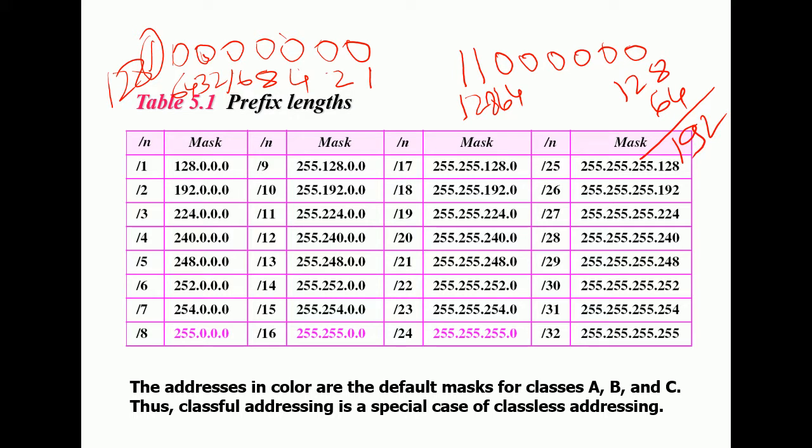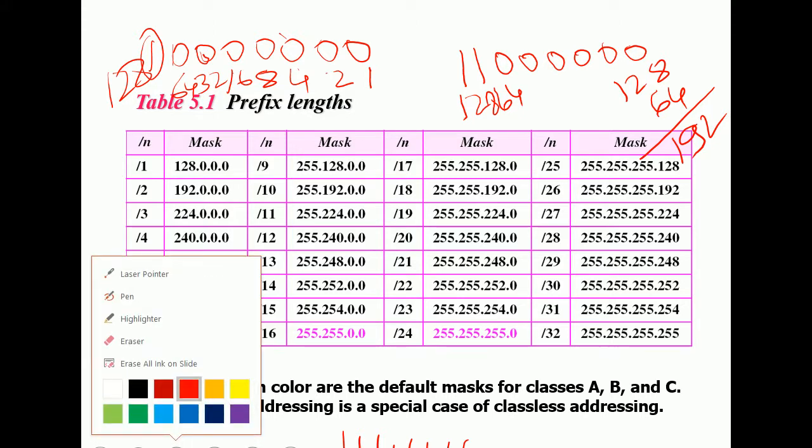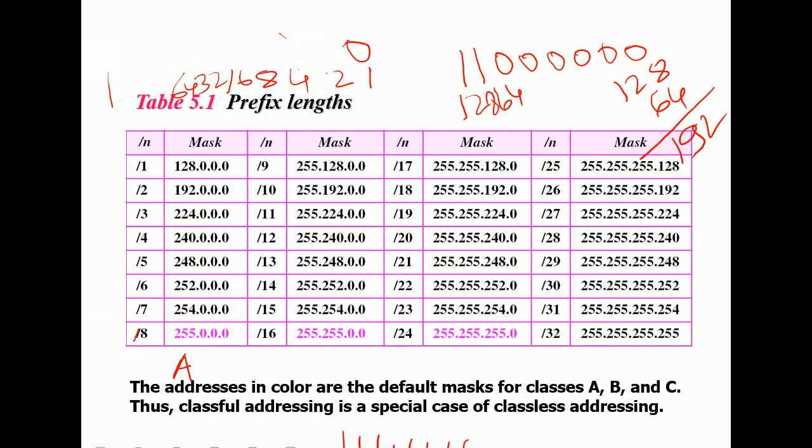And suppose in the last, if /8 is the value of n, then all ones become 255, right? And you can also compare it with the default mask of class A if you compare it with classful addressing, right? Suppose /9 is there, then why is this address 255.128.0.0?